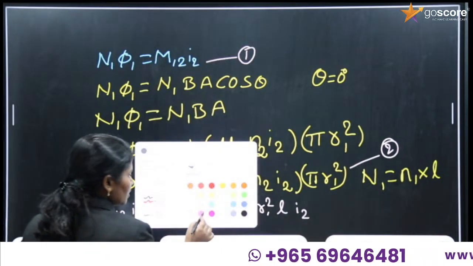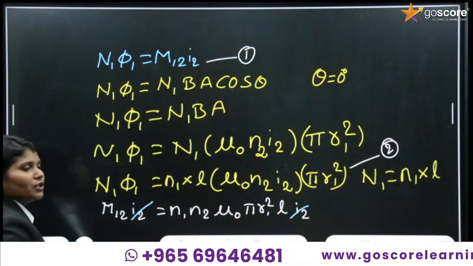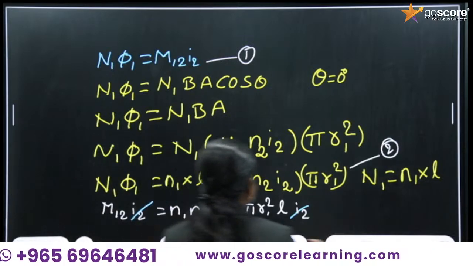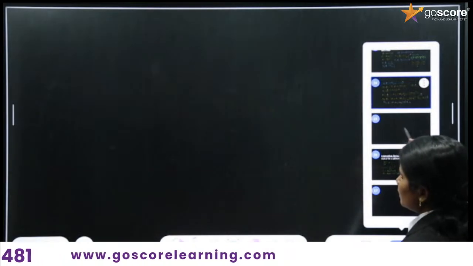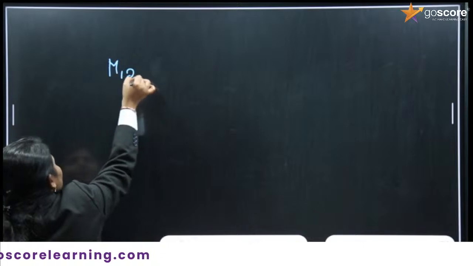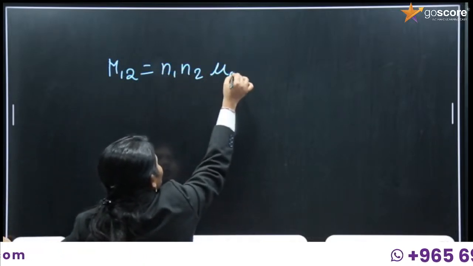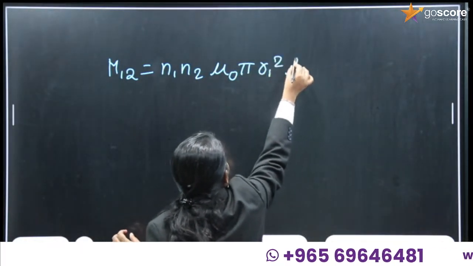Here in both, I2 is there. Then M12 is equal to N1 N2 mu naught pi R1 square L.